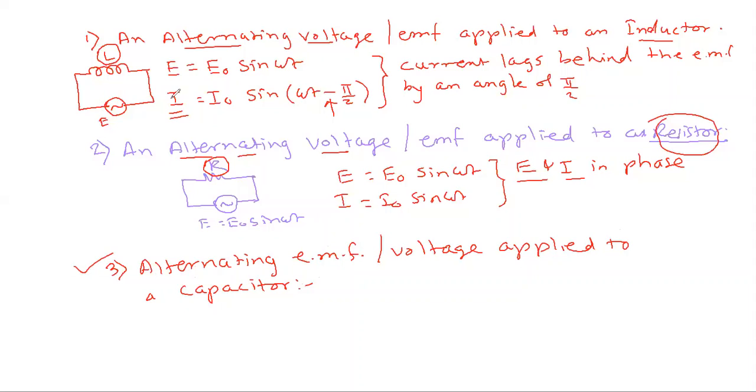So once again, try to understand: in the case of the inductor, the current lags behind; in the case of the pure resistive circuit, both are in the same phase. What happens in the case of the capacitor, that we will discuss.